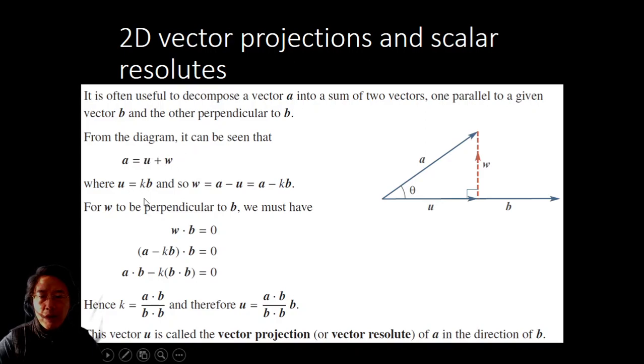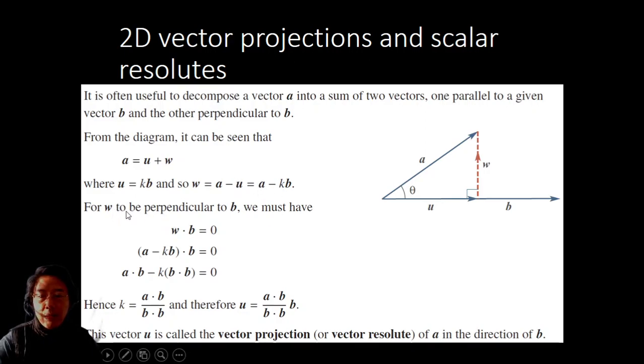So here's a little bit of proofing. Have a look through it, how they achieve that. They will start with breaking A as a sum. They will express u in terms of kB, as we want to do a projection of vector A in the direction of B. And we have w, that will be the difference of the two.